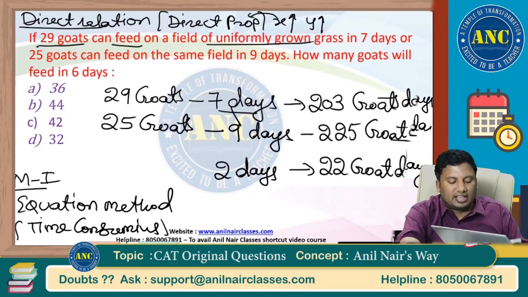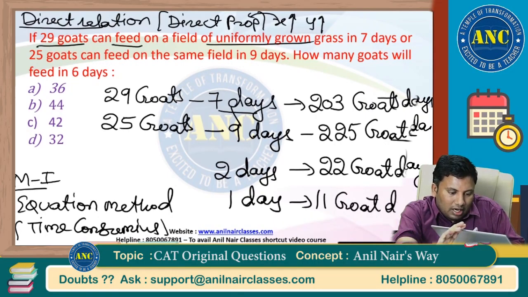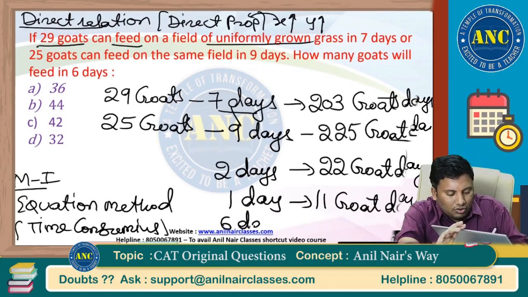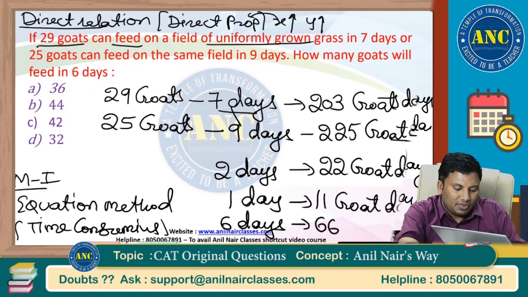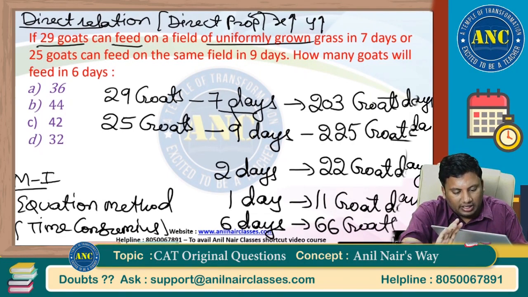22 goat days extra work is done. If 1 extra day, I will get 11 goat days work done. So 6 days, it is nothing but 66. Right? I hope it is clear. So 6 days is 66 goat days work done.